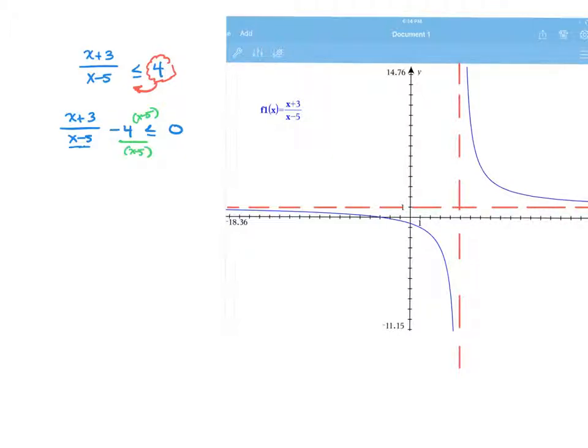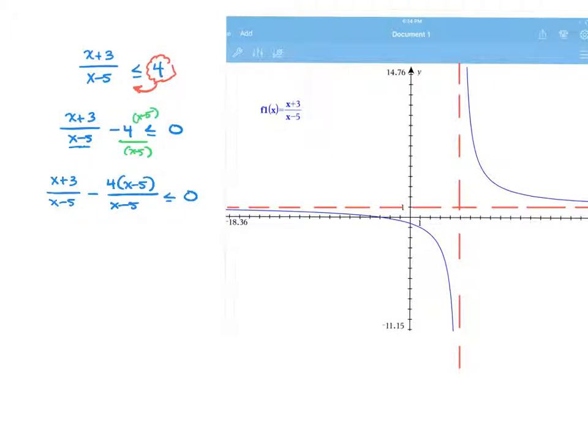And what that now creates is this new expression: x plus 3 over x minus 5, minus 4 times x minus 5 divided by x minus 5, which is less than or equal to 0. So what I'm actually doing here is combining and simplifying.